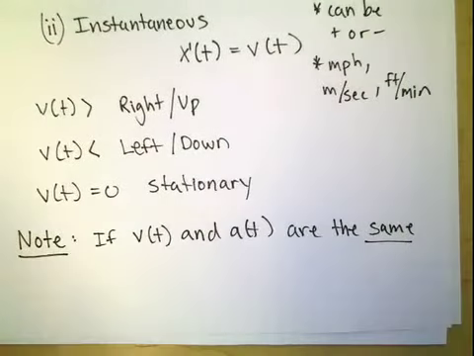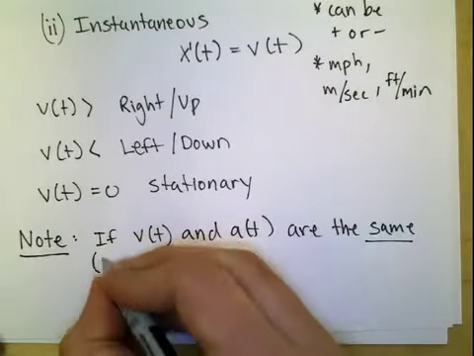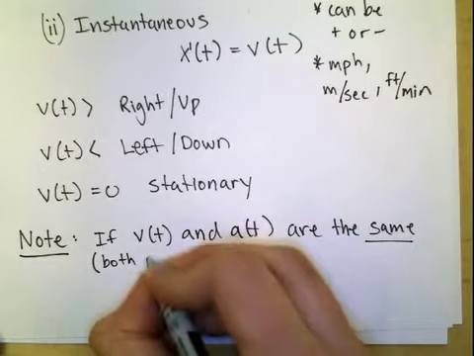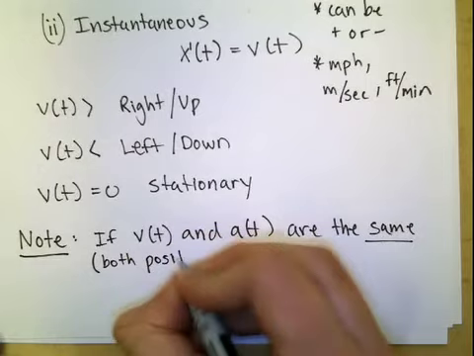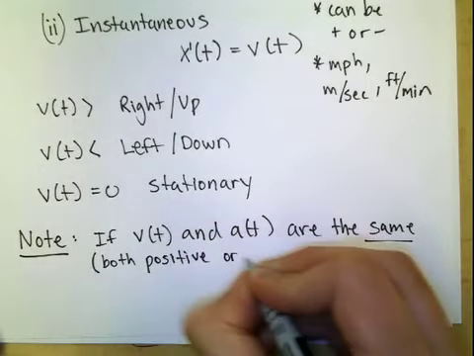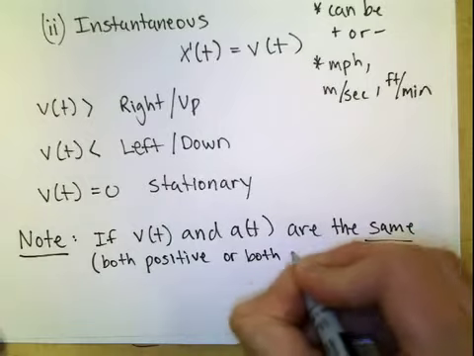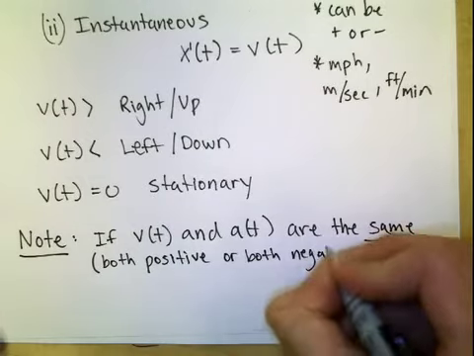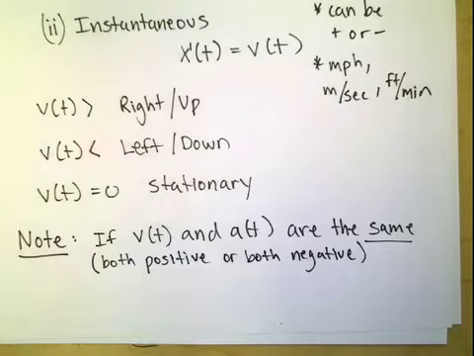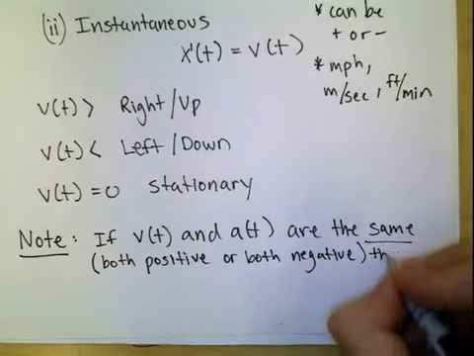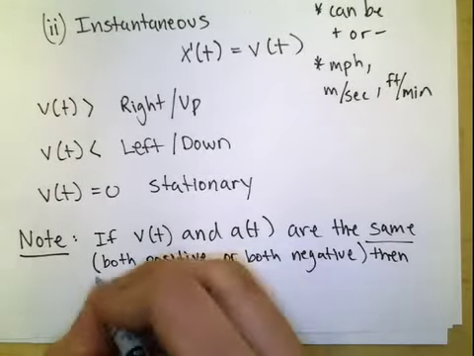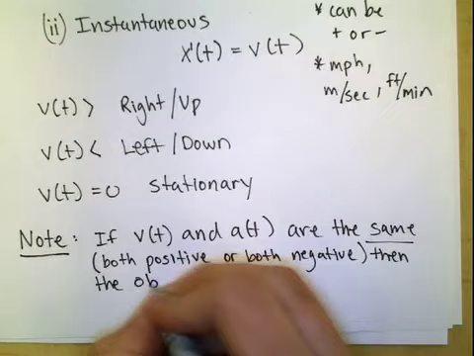What I mean by that is they're both positive or they're both negative. Either way, if velocity and acceleration have the same sign, then the object, whatever's moving, is speeding up.